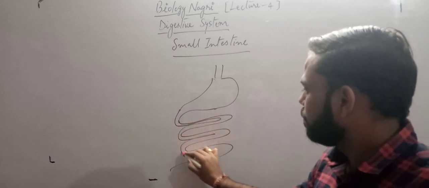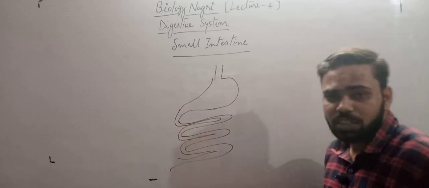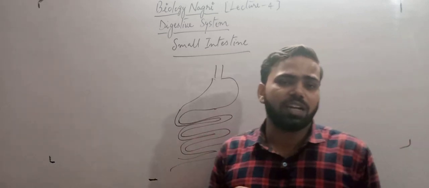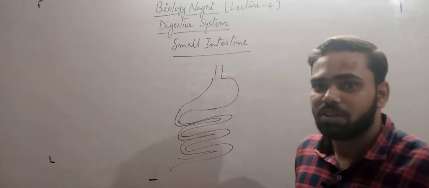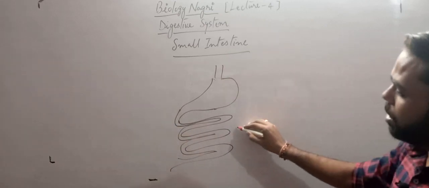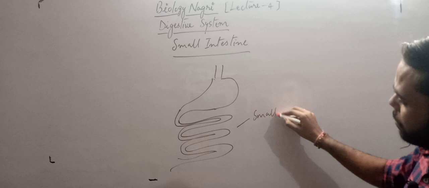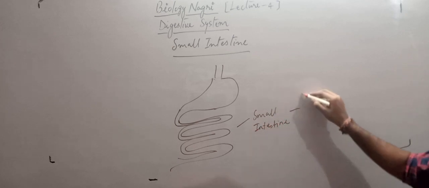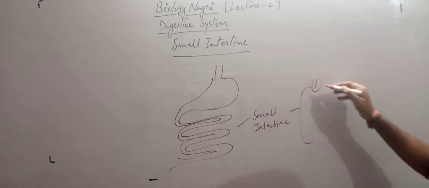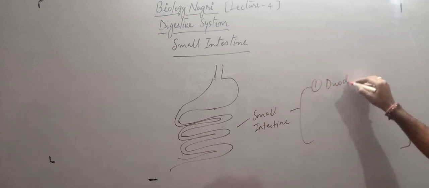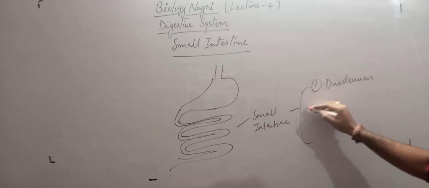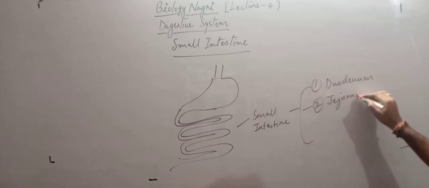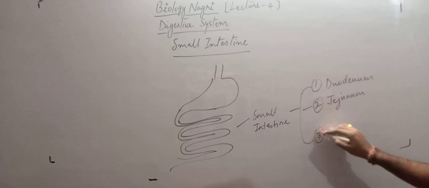Just like the stomach has many parts, the fundus, cardiac, and pyloric, the small intestine is also divided into 3 parts, namely the duodenum, second the jejunum, third the ileum.